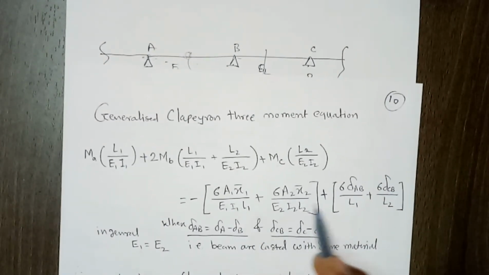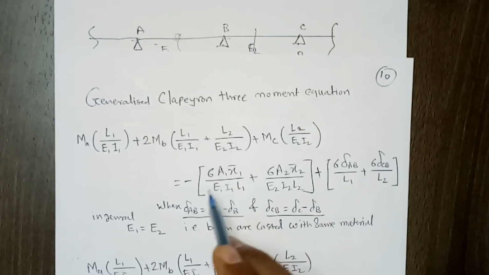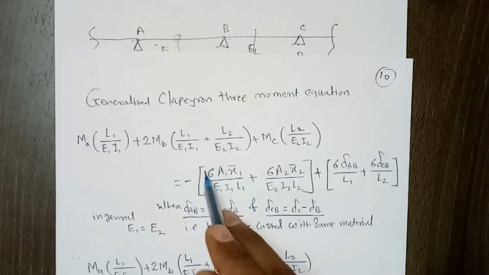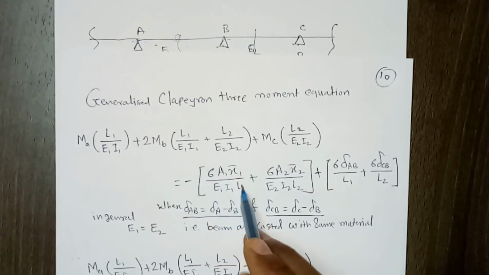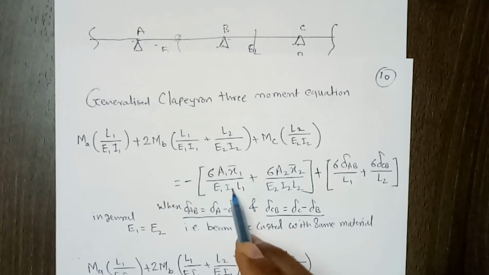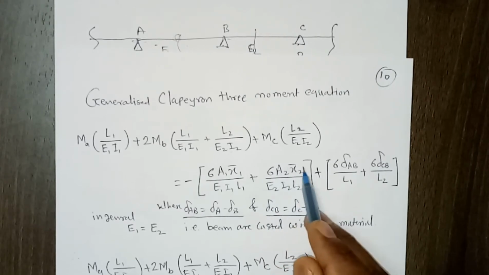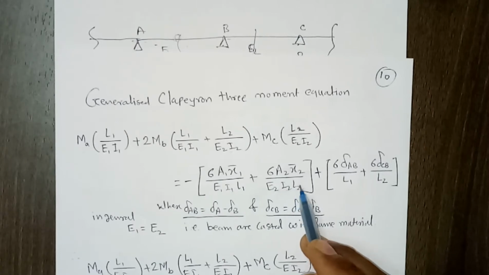Then there is a slight change even on the right hand side of this equation. The remaining terms are as they were, we already discussed: minus in bracket 6a1 x1 bar divided by, we already saw that it is L1, but in addition to that you will get E1 I1, then plus 6a2 x2 bar by E2 I2 into L2, right?